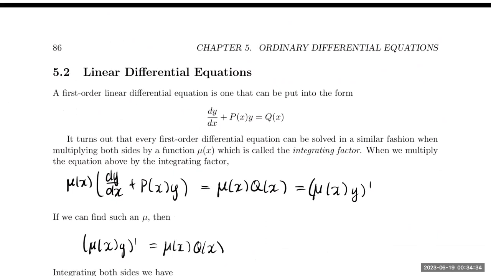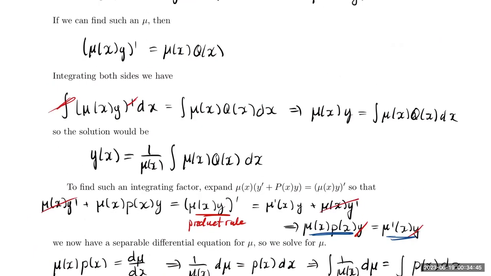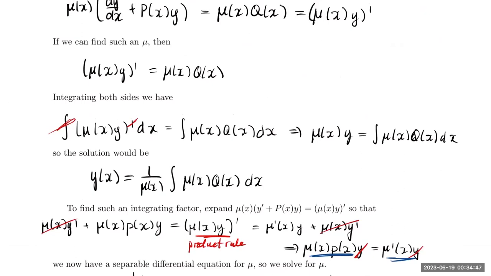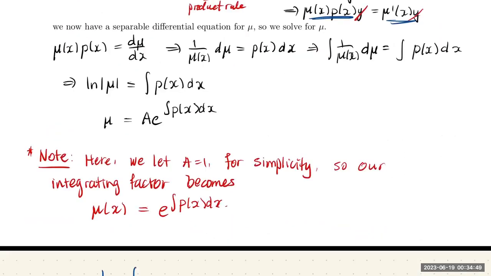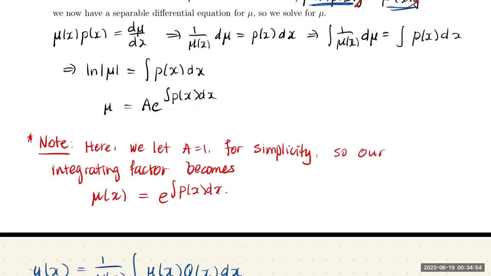So basically, if we had a differential equation of this form over here, we're able to solve it by finding the integrating factor, which we call mu of x, where mu of x we found to be the exponential function here. So that is our integrating factor.